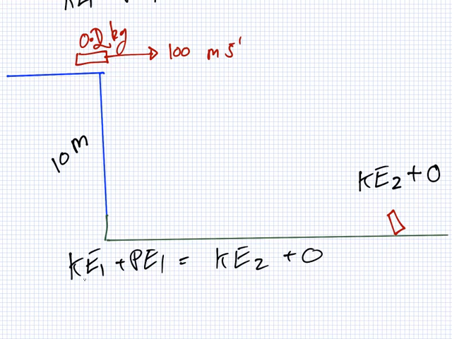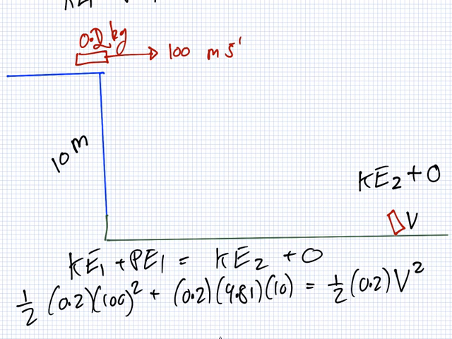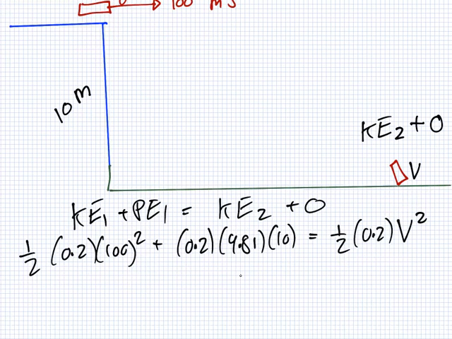What's the formula for kinetic? A half mv squared. Potential is mgh. Equals a half m, and we don't know the v at the end here. That's what we want. That's much easier to do.